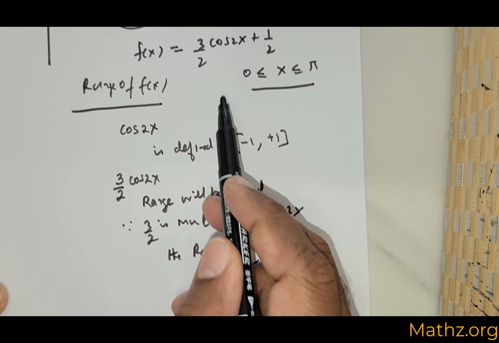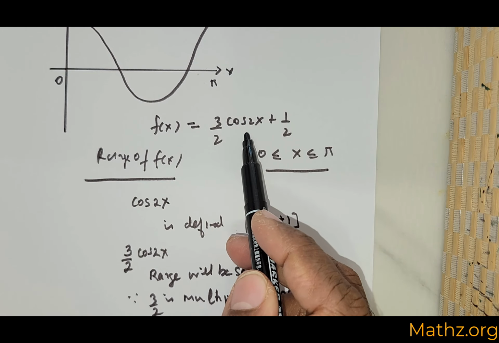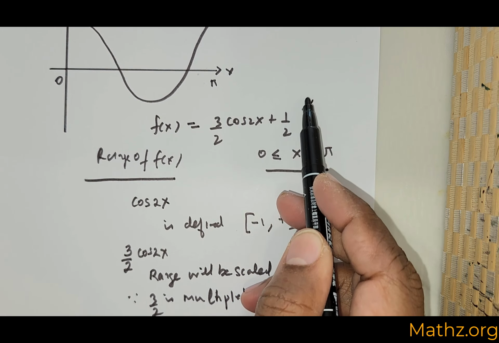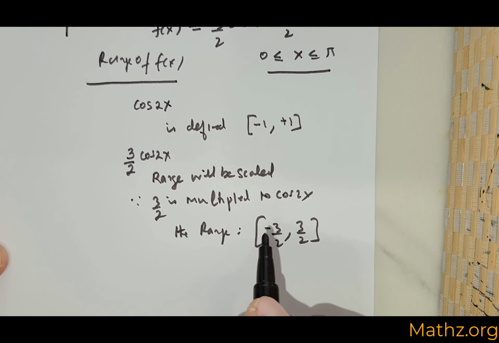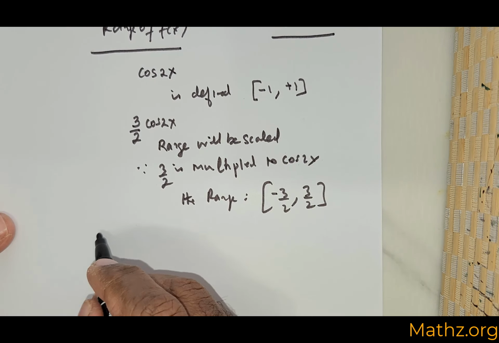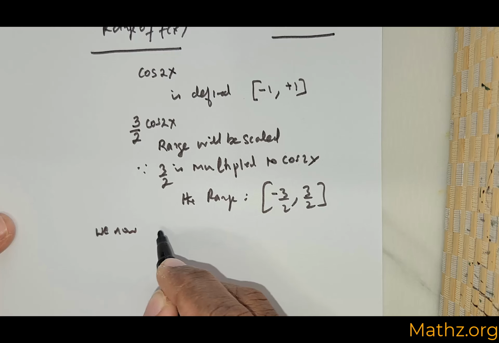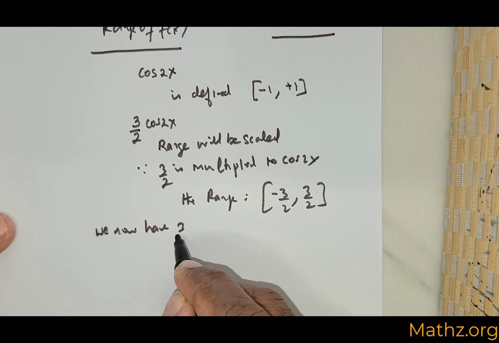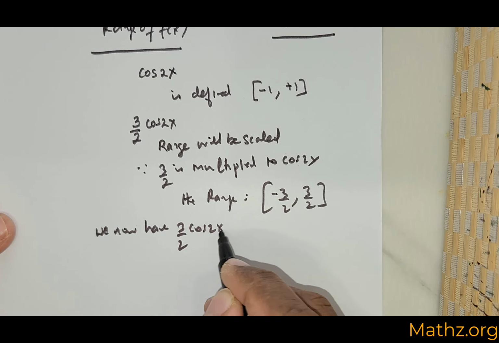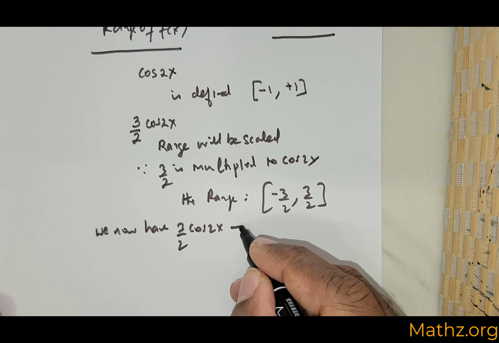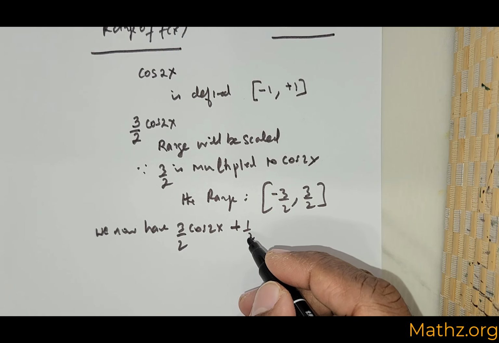Now if you see the function f(x) is equal to 3/2 times cos 2x with an addition of 1/2. So what does that mean? We now have 3/2 times cos 2x plus 1/2.